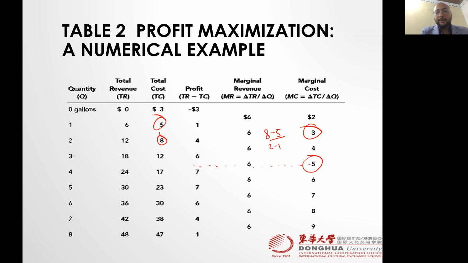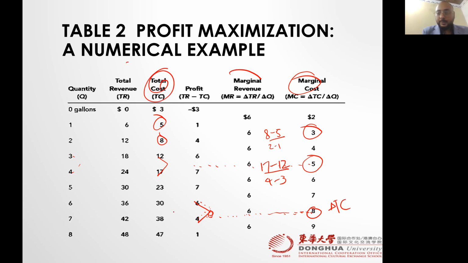Here. 17 minus 12 divided by 4 minus 3. Where do we get this 8? You see, marginal is always written in the middle of these 2 points. So this is also marginal, this is also marginal. That's why we are marking here. So where is the change in total cost? Total cost is here. It is 38 minus 30 divided by 7 minus 6.